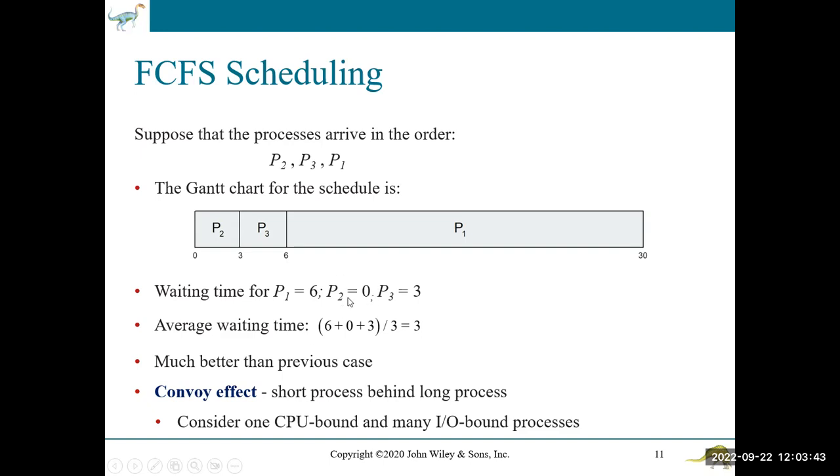The wait time for P2 is 0, and the wait time for P3 is 3, because you got to get all the way through the second process before P3 can execute. So if the processes arrive in this specific order, now the average wait time is what? 3 time intervals.